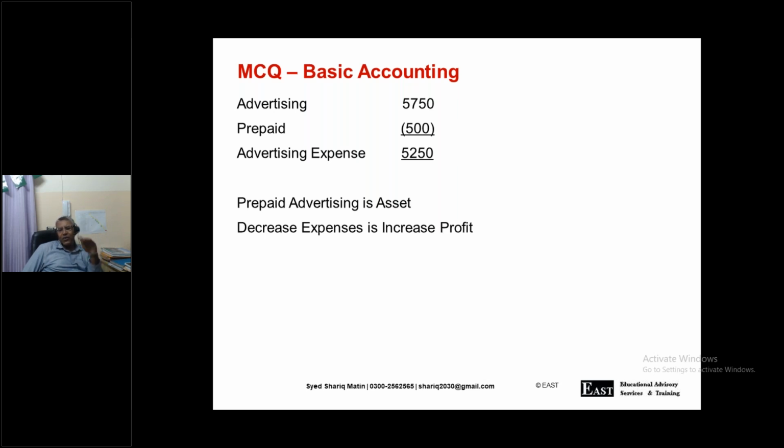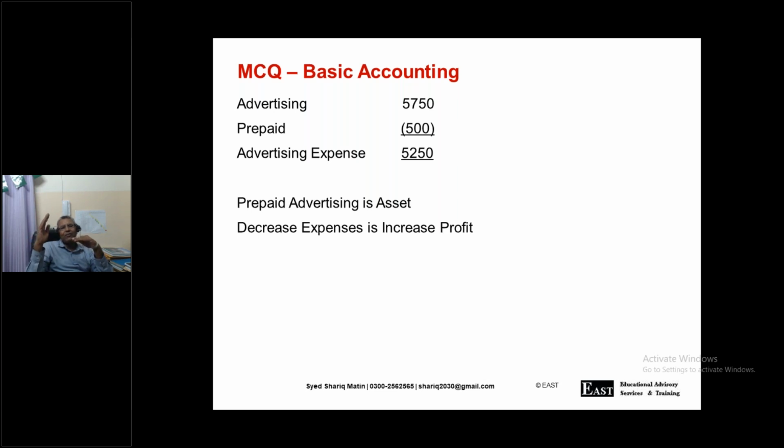If your expense goes down, your income goes up. Expense has an inverse relationship with income. So if your expenses are going down, your income is going up. Number two is that prepaid expense is an asset.